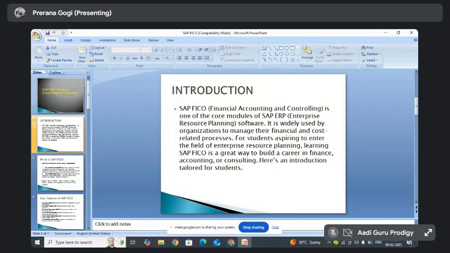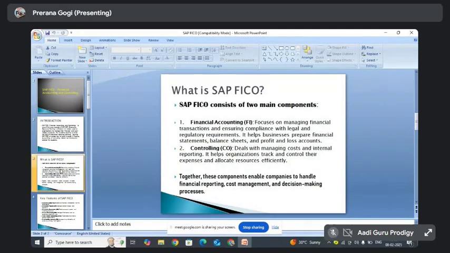So this is a career building path for finance students who are eager to know about finance and who are looking into the future of finance and accounting. 100% this SAP FICO will help them in the future. So we have seen the two concepts here, SAP and FICO.